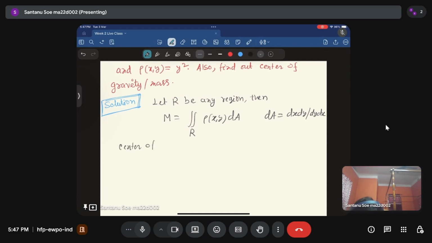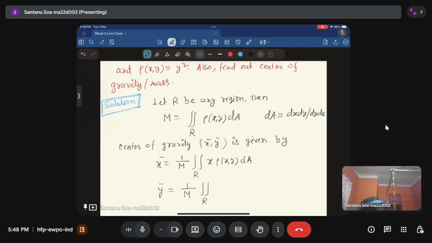Okay. And the center of gravity x bar comma y bar is given by x bar equals 1 by m double integration over R of x rho xy dA, and similarly y bar is 1 by m double integration over R of y rho xy dA.